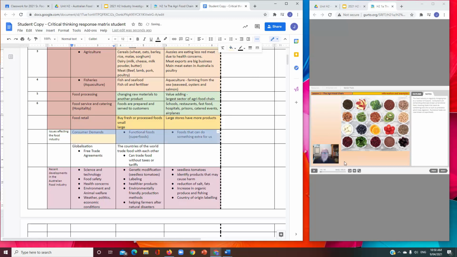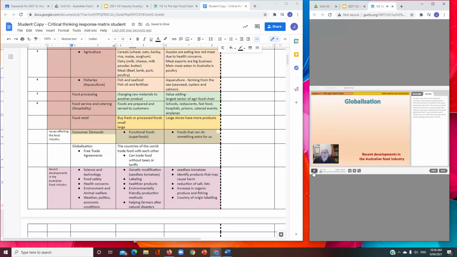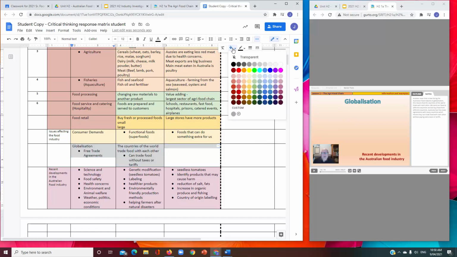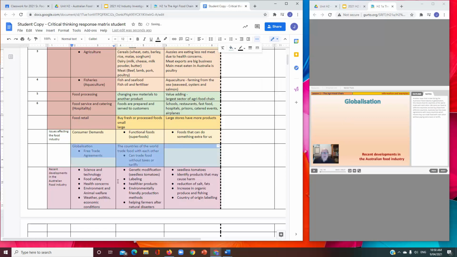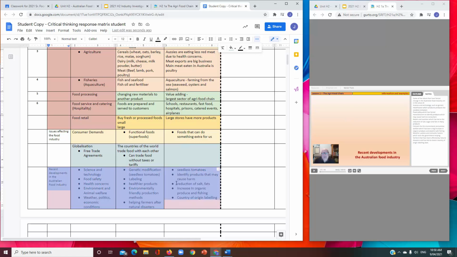This next slide refers to globalization. And the final slide is about recent developments, and that's this area right here.